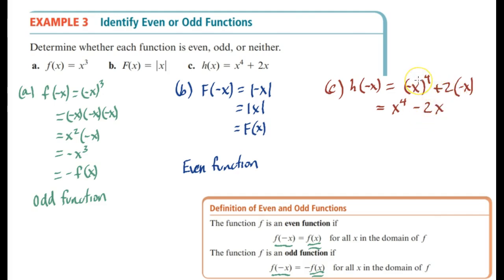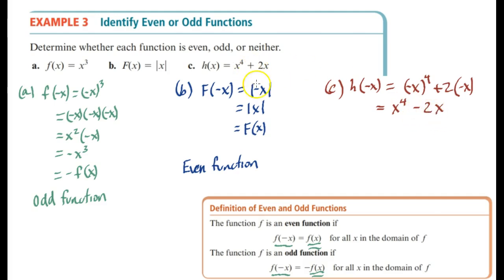So notice here that comparing x to the 4th to this term, it's the same term. Just by looking at this first term, x to the 4th, it looks like it may actually be even, since it's not the opposite term. But notice that we have plus 2x and negative 2x.